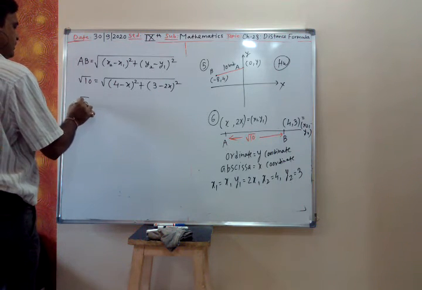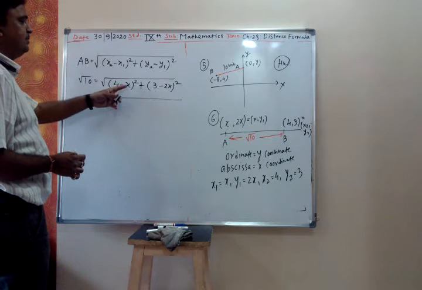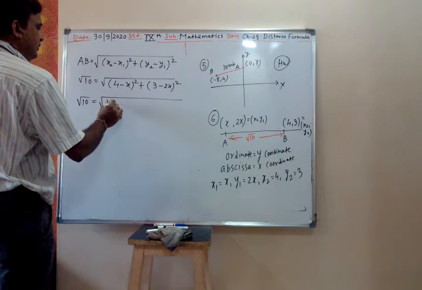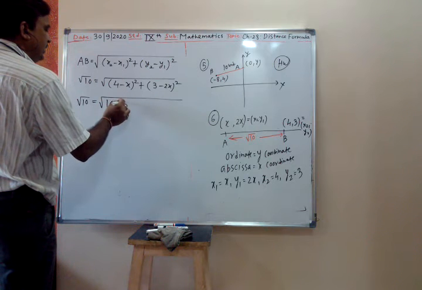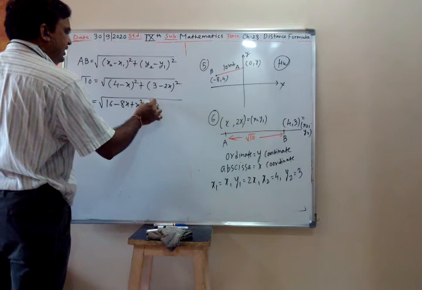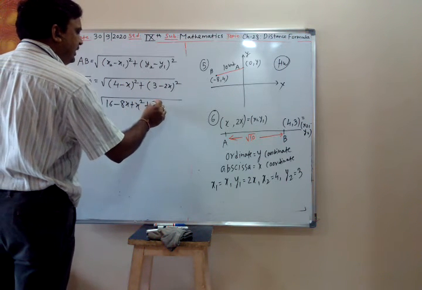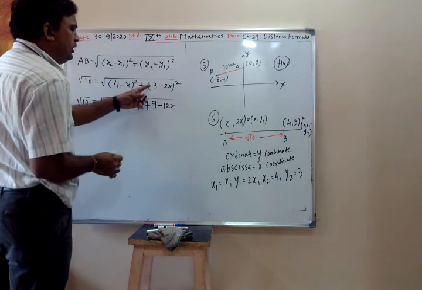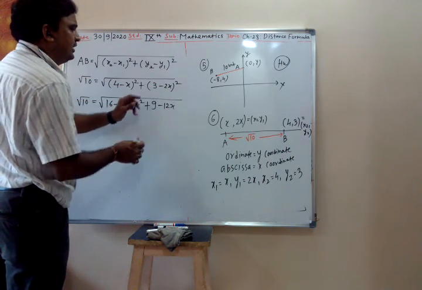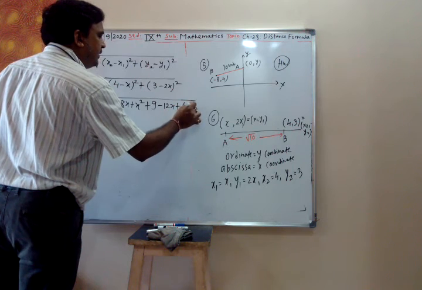Now use the formula a minus b whole square. So 4 square is 16, minus 2 into 4 into x, 8x, plus x square, plus 9 minus 2 into 3 into 2x, 12x, plus 2x square, 2x square is 4x square.